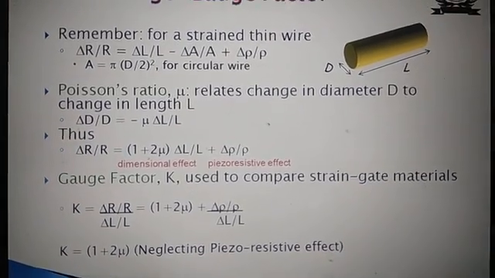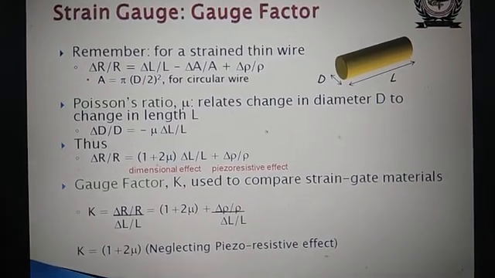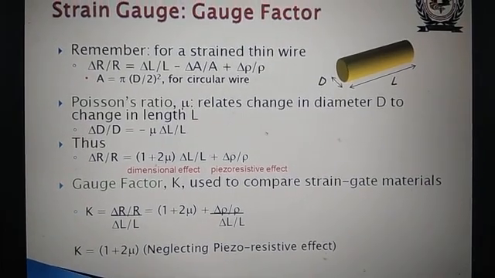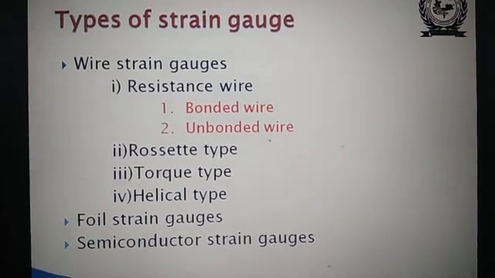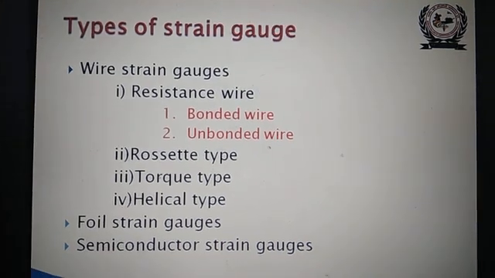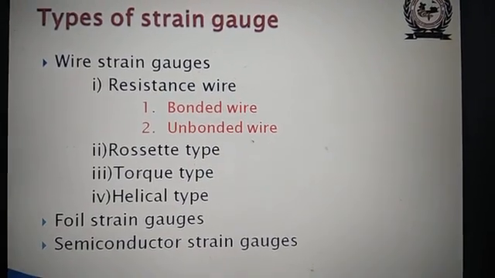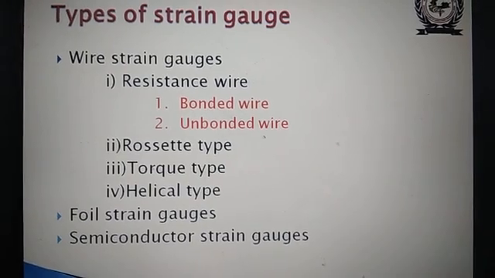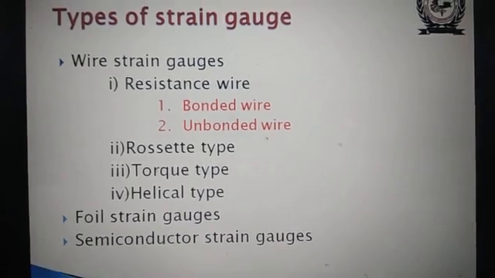Right? So these are the small derivations and formulae related to the gauge factor, Poisson's ratio, change in resistance and change in length and diameter. Okay. This is all about what is strain, what is Poisson's ratio, and what are the formulae for the strains, and we have also seen the strain gauge for the measurement, with its diagram.